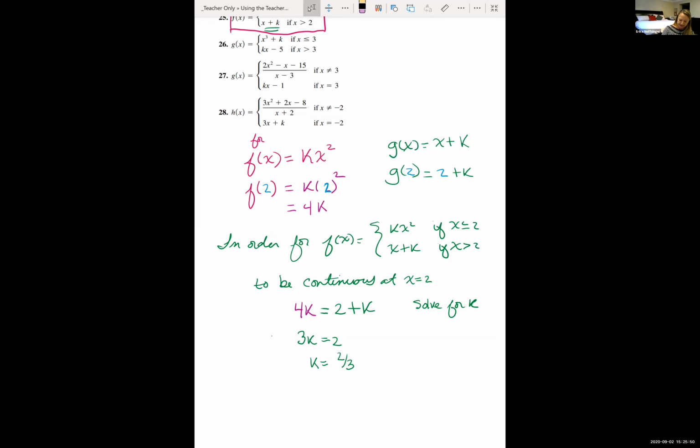So if that's the case, then f of x, our equation would be, let's go back in and plug that in wherever we see a k here. So go back up here, plug in 2/3 for k, and plug in 2/3 for k. So it would be 2/3 times x squared if x was less than or equal to 2.